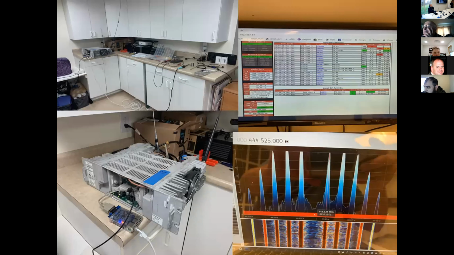So this was our second DMR repeater that we built. This is an MTR 2000. Down in the left-hand corner, you can see the interface, and I had to wire it in, my workbench where I wired it in, the PyStar running, and then the calibration in the bottom right.